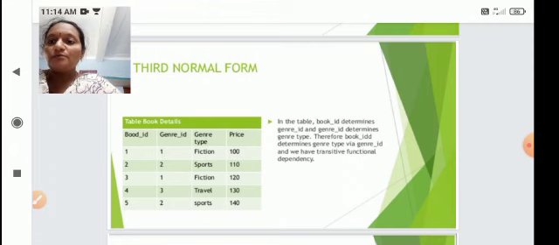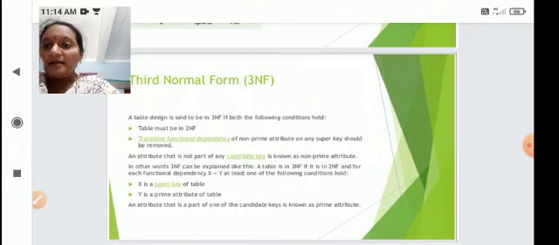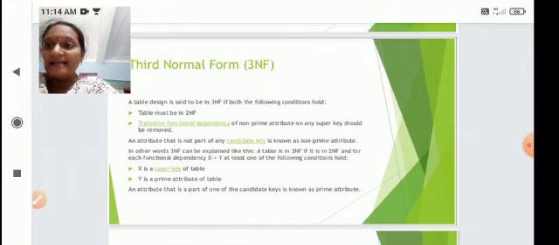A design is said to be in third normal form if both the following conditions hold. The table must be in second normal form.